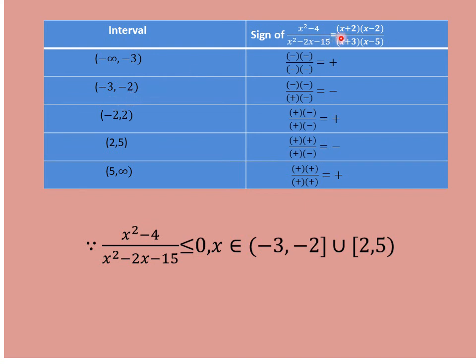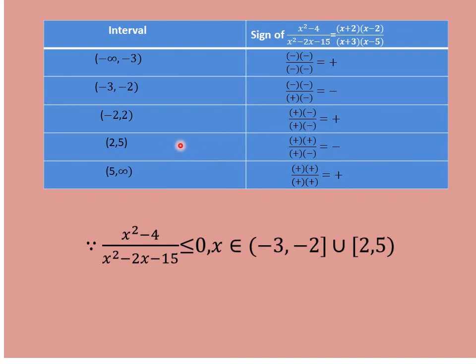So this is negative, here positive, here negative. In the numerator it is positive, minus into minus plus, plus by minus it is minus. In between minus 2 and 2 you can take 0. If you replace x by 0 here, you will get plus, minus, plus, minus. So minus by minus means it will become plus.